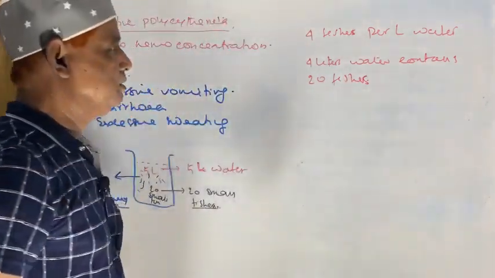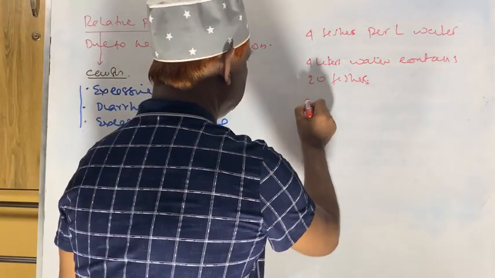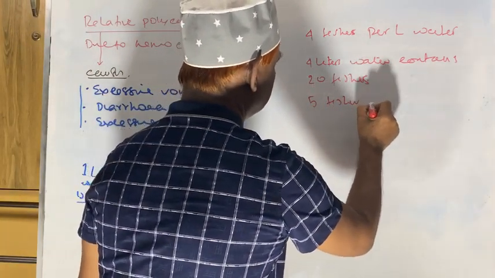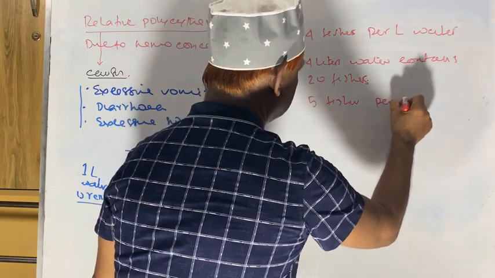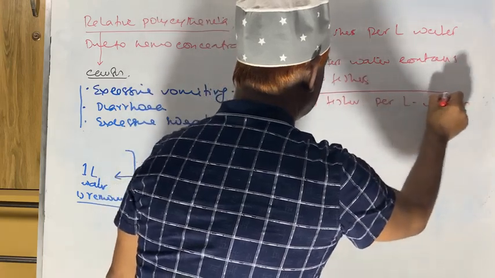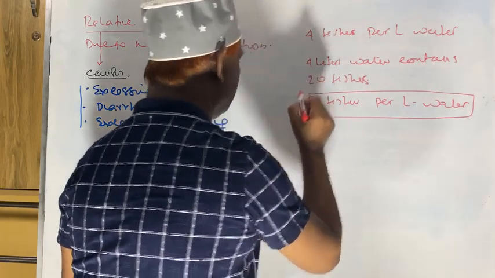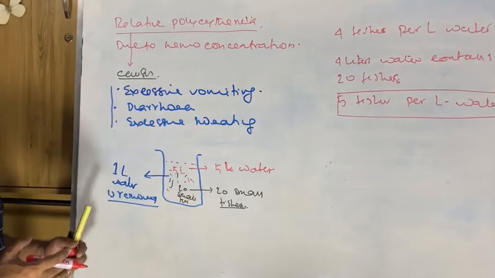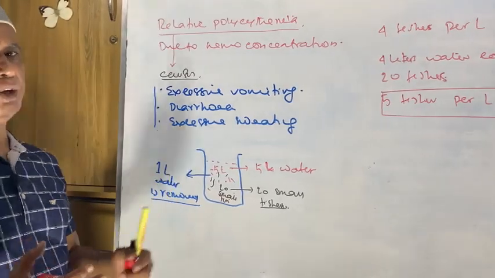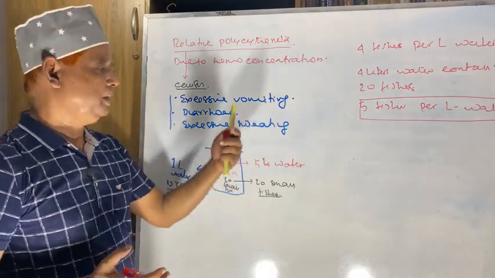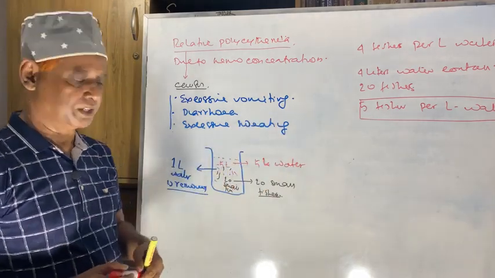In this situation, there are 5 fishes per liter of water. Due to removal of 1 liter of water, there is increased number of fishes per liter of water. This is nothing but an example of hemoconcentration.